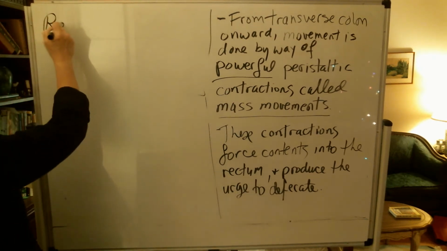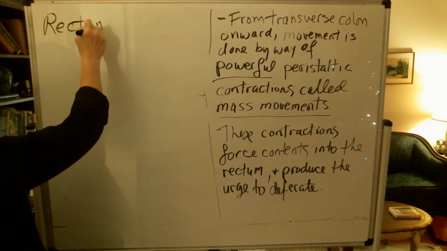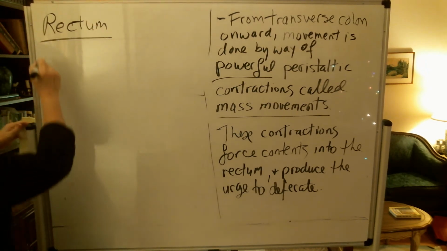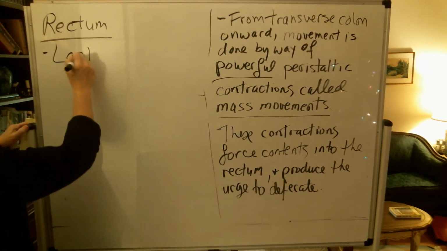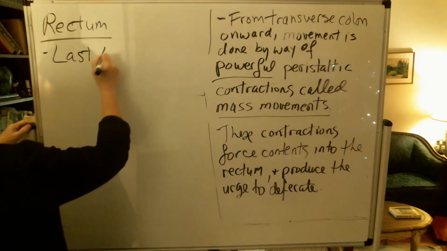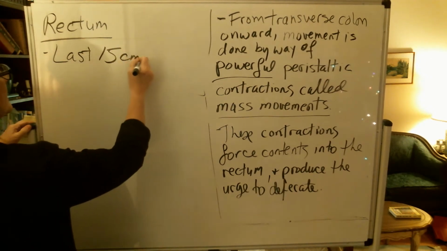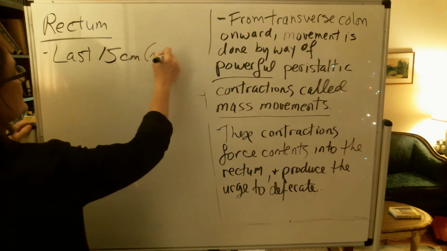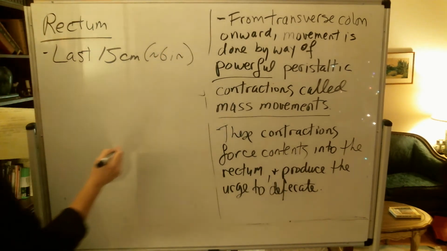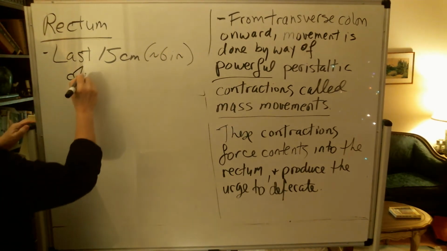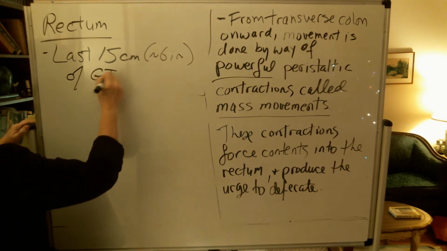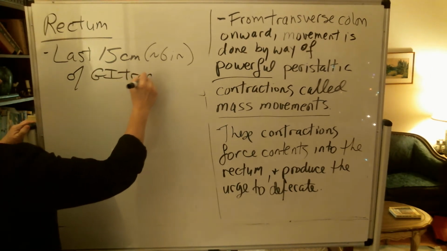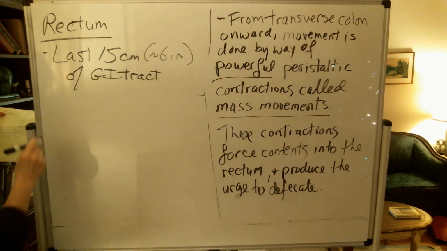So then the rectum itself is the last 15 centimeters, that is to say about 6 inches, of the GI tract.